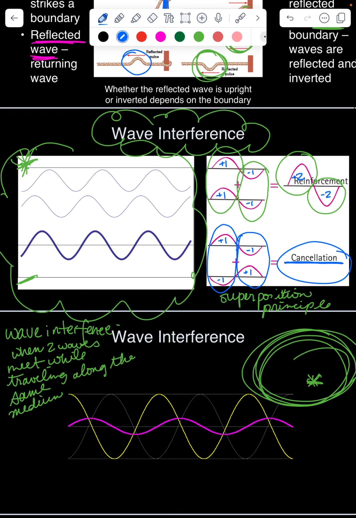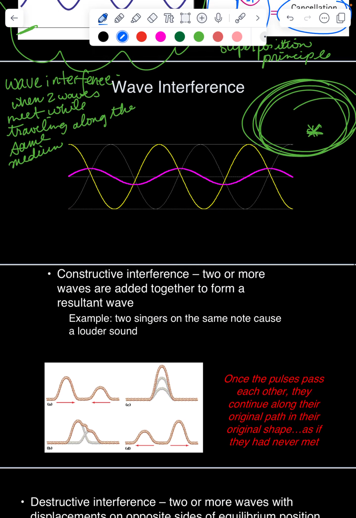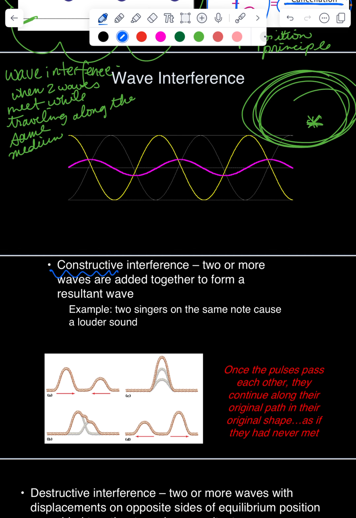This building up that you see right here is called constructive interference, and it's exactly how it sounds. If you are constructing something, you are building it up, and that's whenever you have two or more waves on the same side.